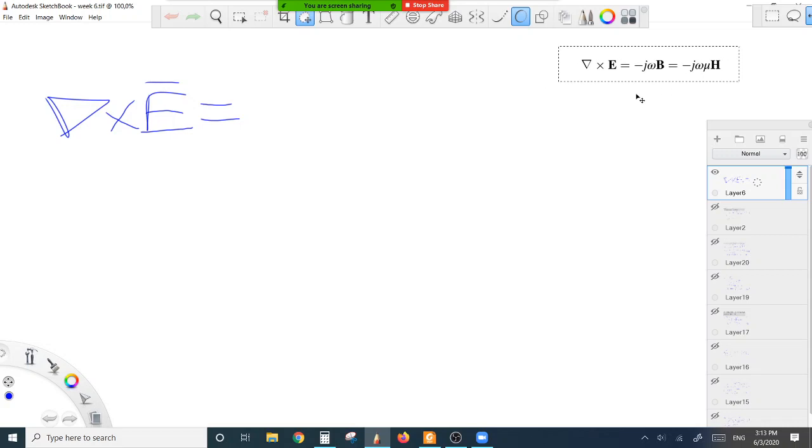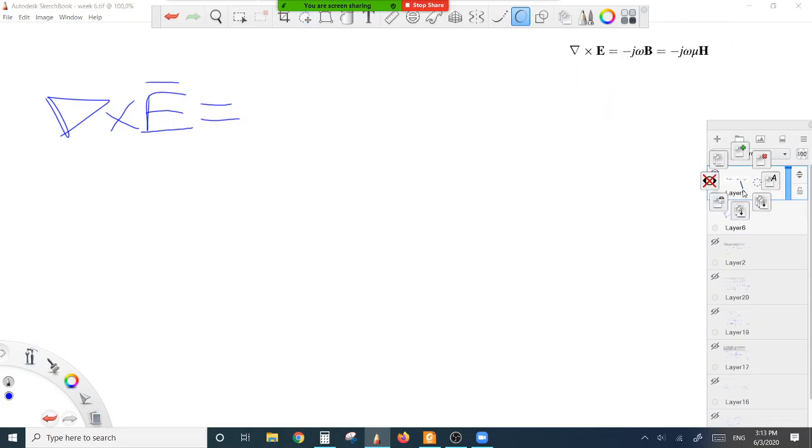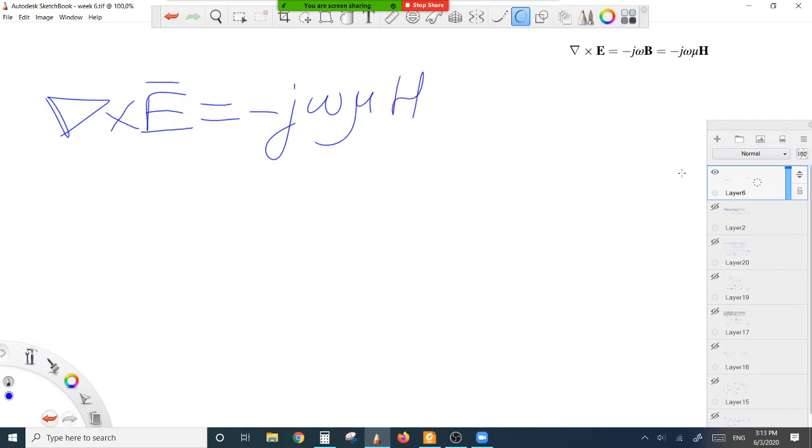Let me put it here. So the curl (rotor) of E equals minus j omega mu H, and the curl of E equals what?